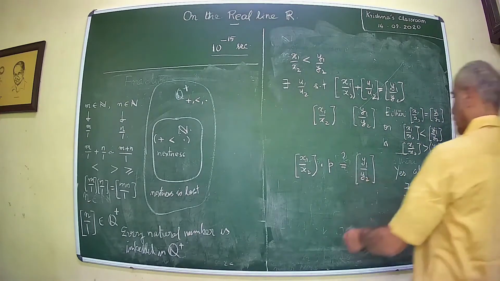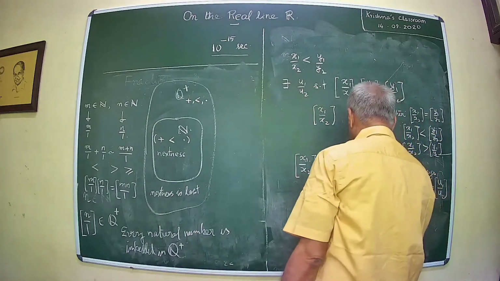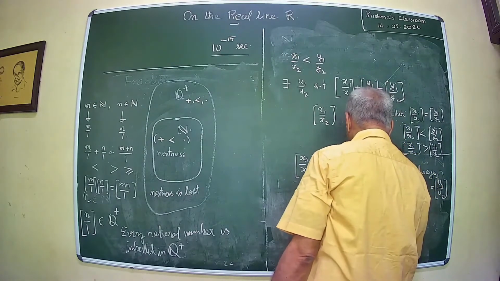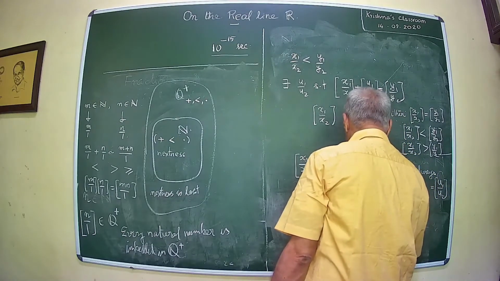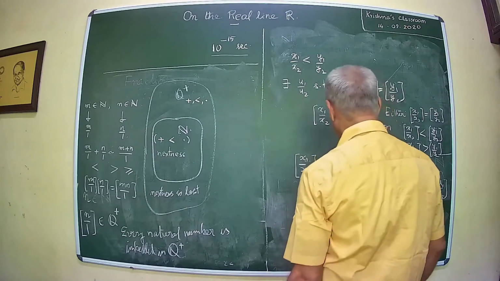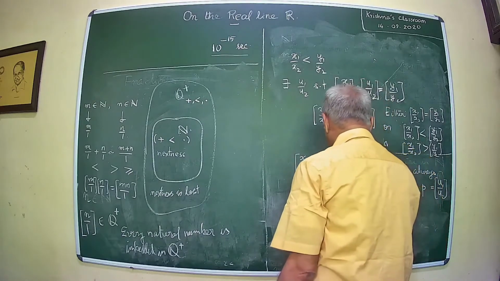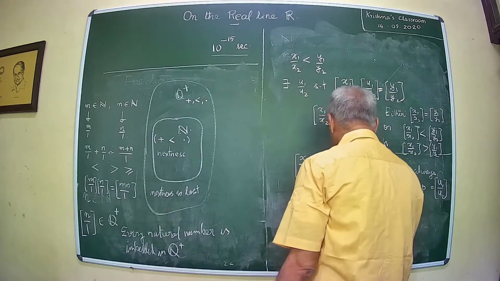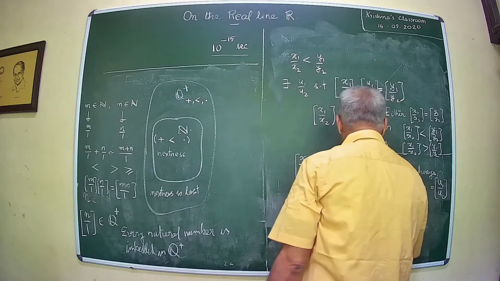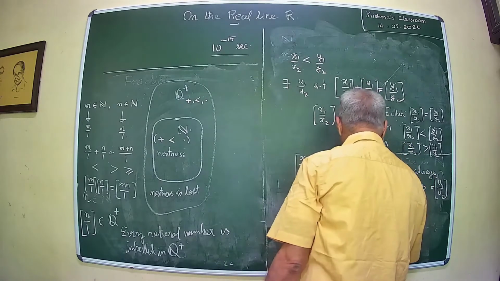So what will be the u1 by u2 that you have? u1 by u2 will have to have the property that x1 by x2 times it is equivalent to y1 by y2.